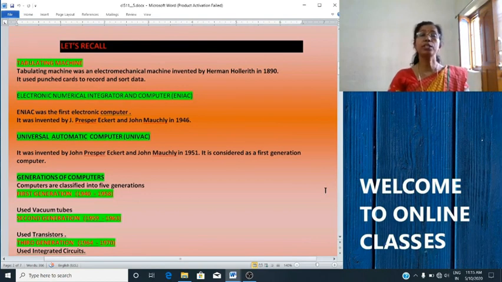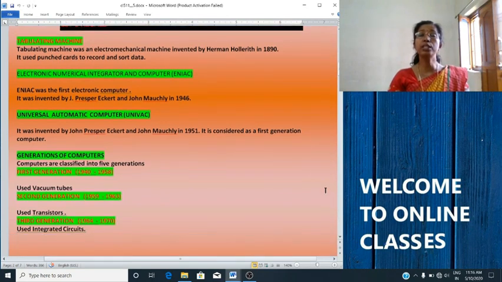Okay, the tabulating machine was developed by Hermann Hollerith in the year 1890. It was made to use in the US census, which was held in the year 1890. It used punch cards to record and sort data.